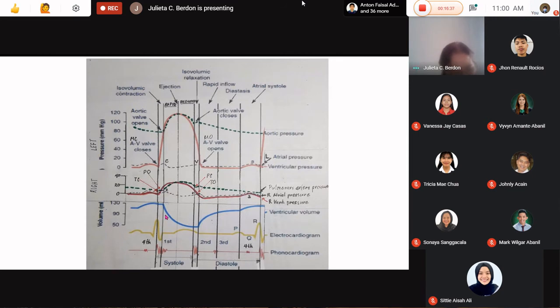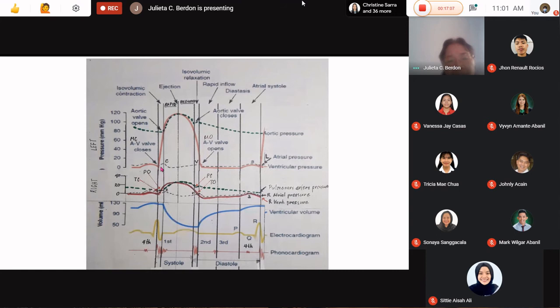Have you noted that? Alright. So, if you're talking about valve closures, your systole is from MC to AC, right?